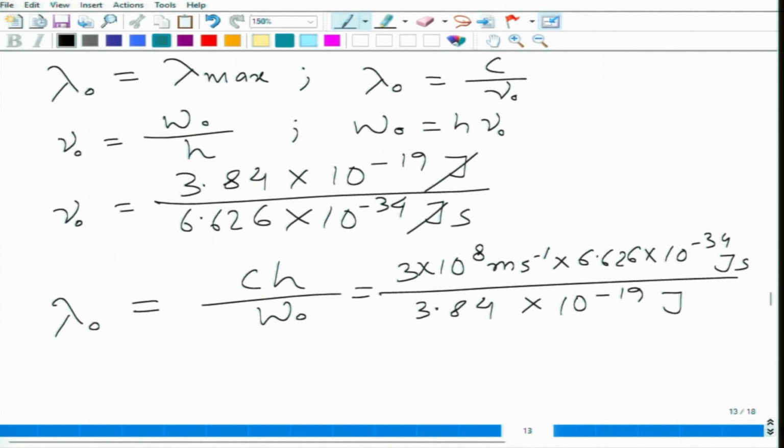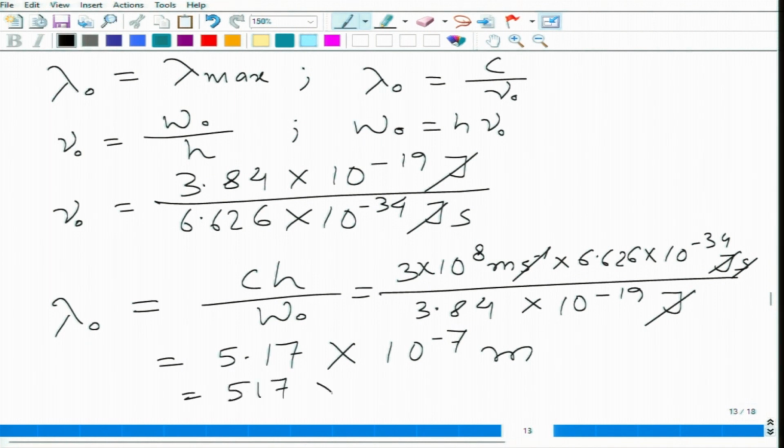So we cancel out joule, second and second inverse, and we get 5.17 into 10 to the power minus 7 meters. It can be written as 517 into 10 to the power minus 9 meters, so 517 nanometer. This is the lambda max.